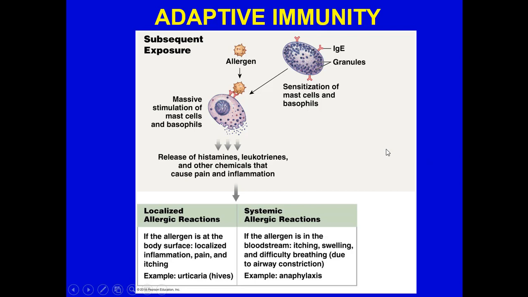This is due to airway constriction, and this is where you get into anaphylaxis. Now, epinephrine, what would that do? It would reverse airway constriction, causing airway dilation. It would also cause arterial blood vessel vasoconstriction to elevate blood pressure. Okay?